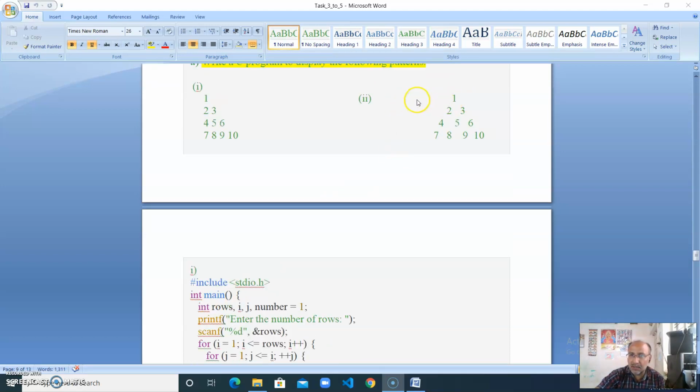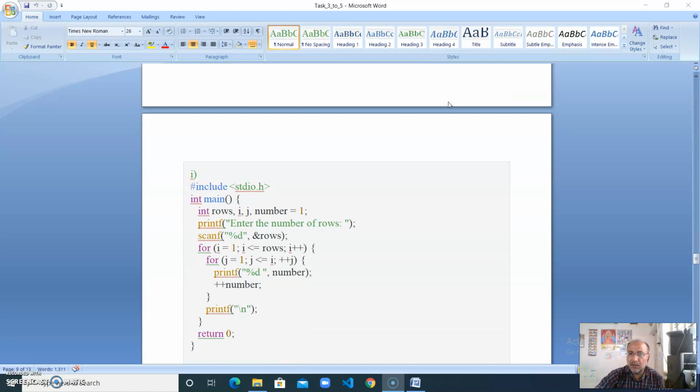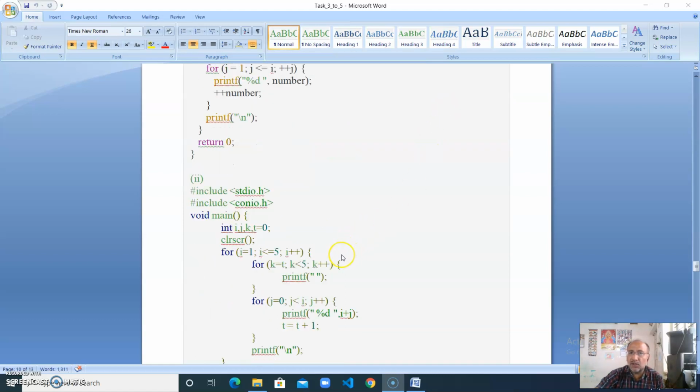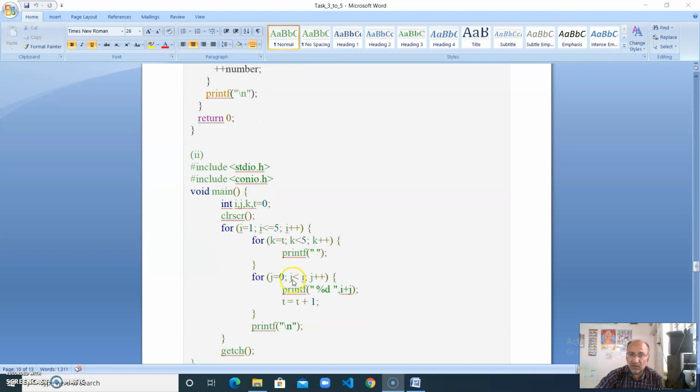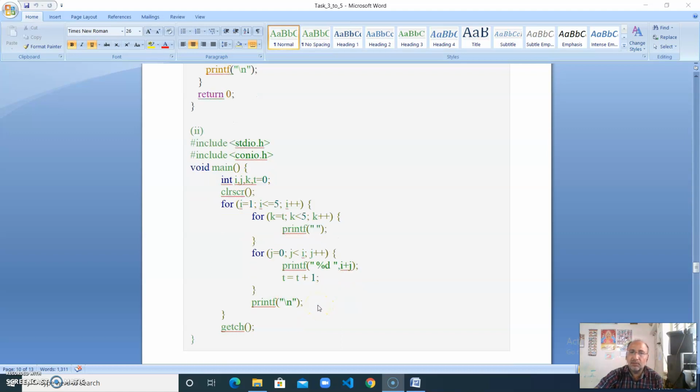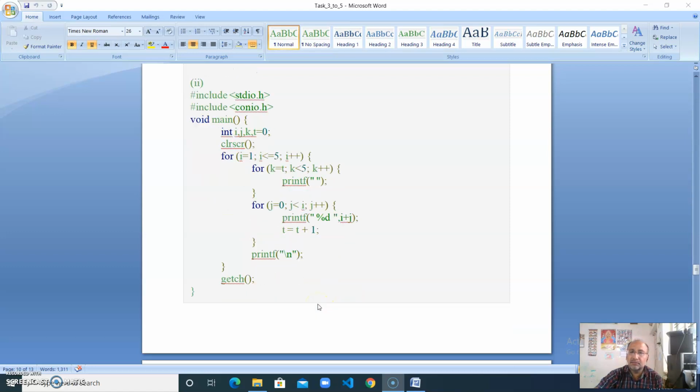That is how to use this inner for loop for the space. Next one, for j equals 0, j less than i, j plus plus, printf %d, i plus j, t equals t plus 1, printf backslash n. Understood?